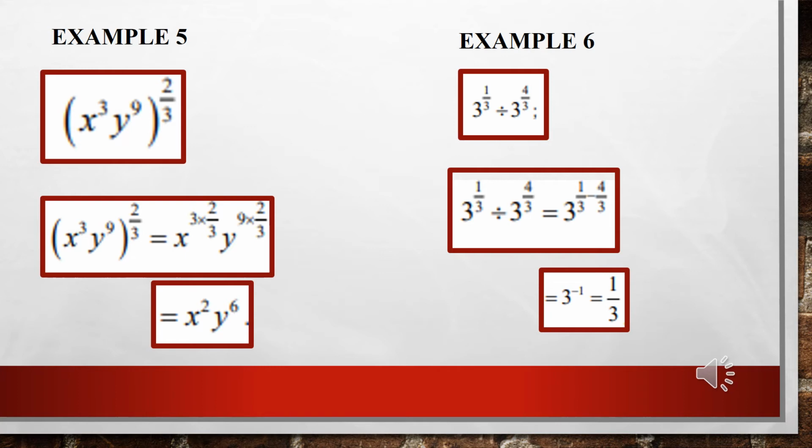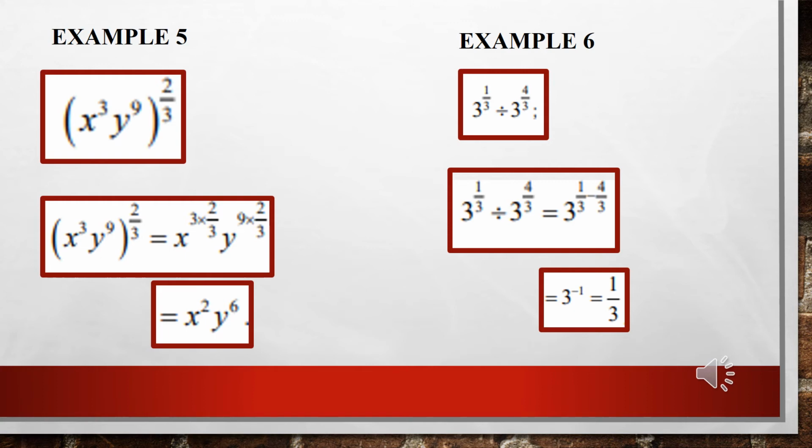In example 6, dividing indices means subtracting the powers. This is also an example of a negative index. The rule for negative indices is that 3 to the power of negative 1 is equal to 1 over 3. If it involves dividing, we subtract the powers.